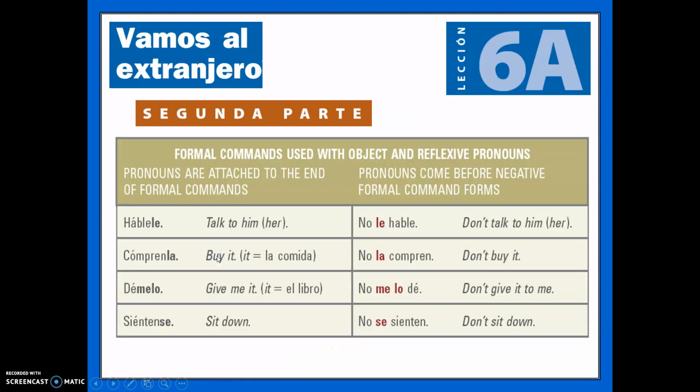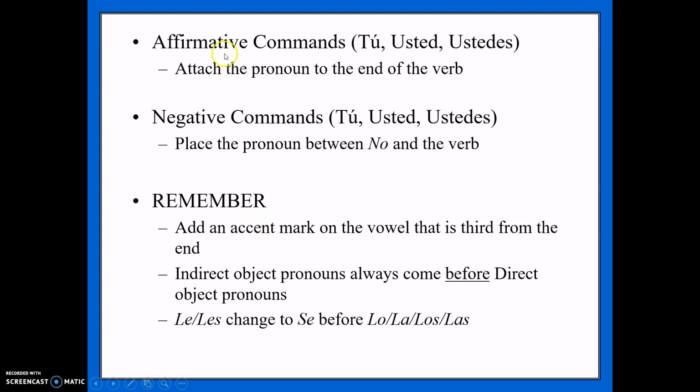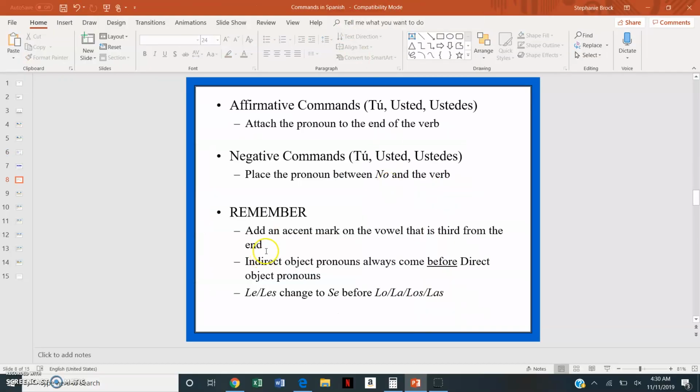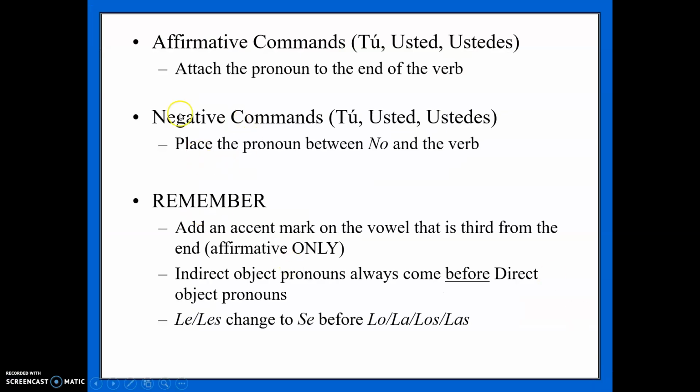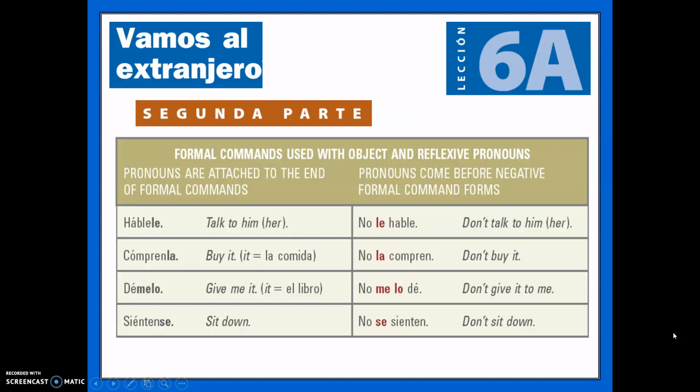And I just want to highlight that this one is only in the affirmative, because since you're not attaching it in the negative command structure, you don't have to put any accent marks.